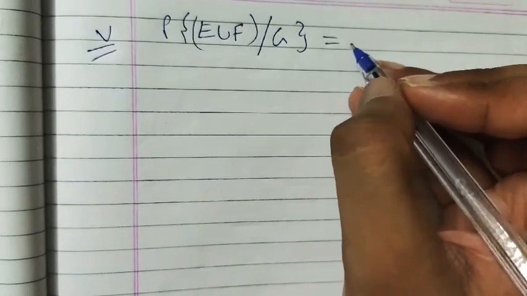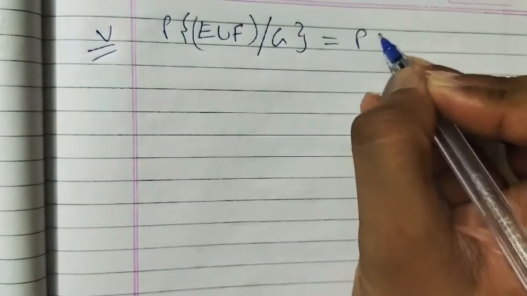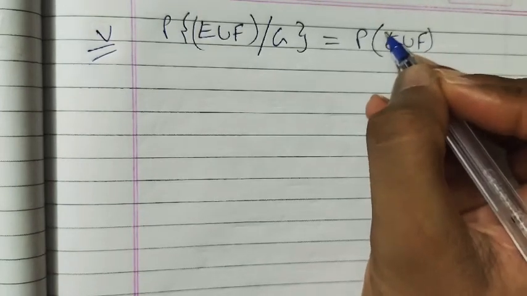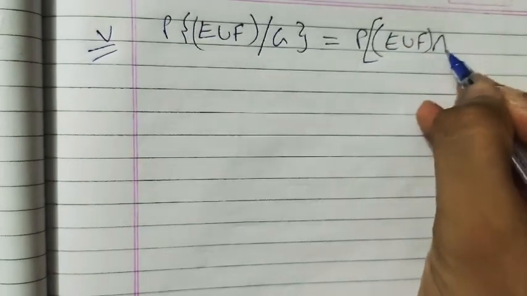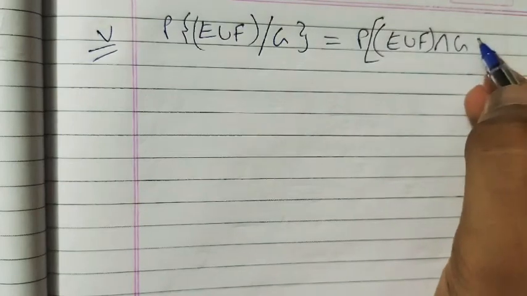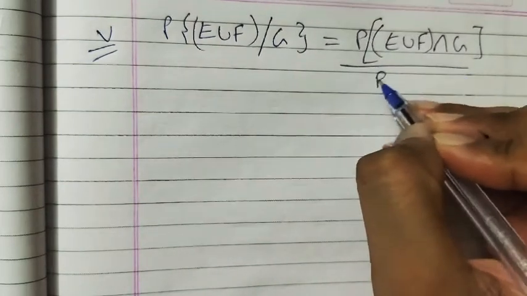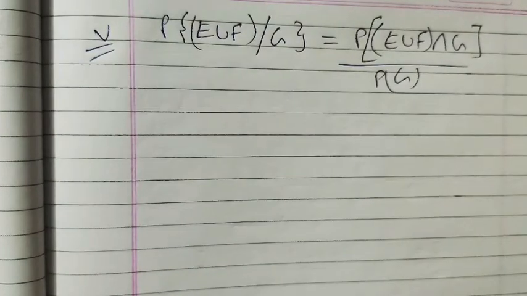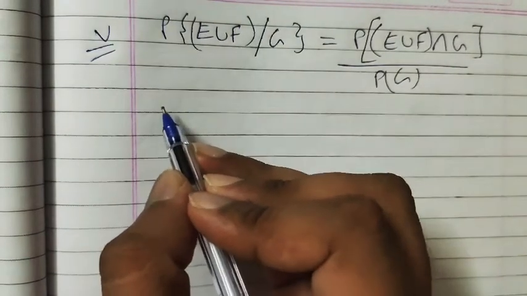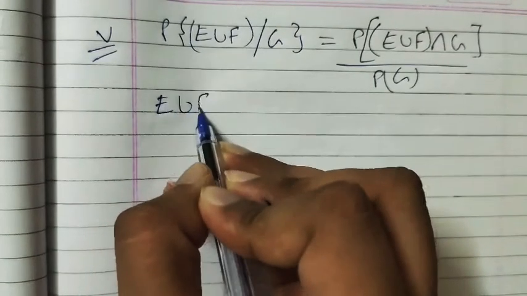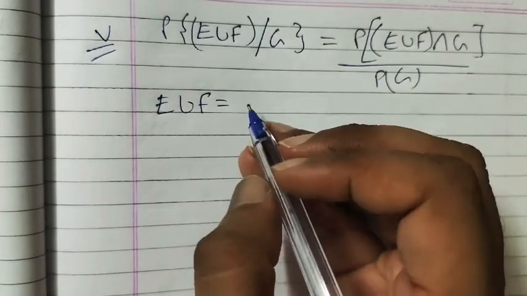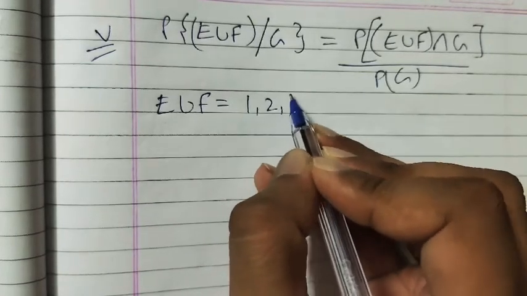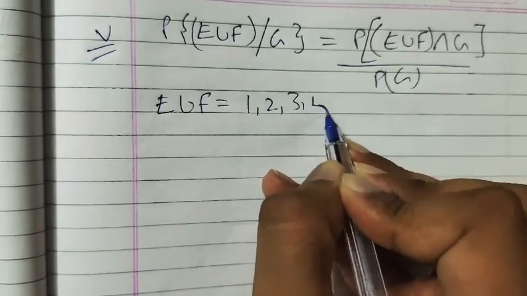According to the formula, this will be probability of E union F intersection G upon probability of G. So first let's find out E union F. E is {1, 3, 5}, F is {2, 3}. So it will be {1, 2, 3, 5}, right?